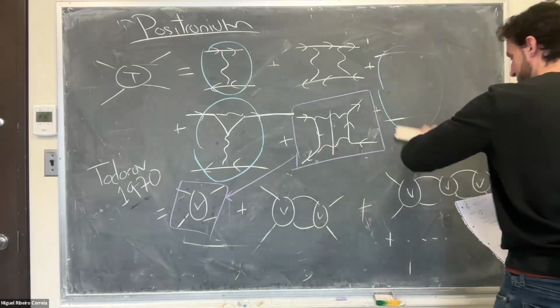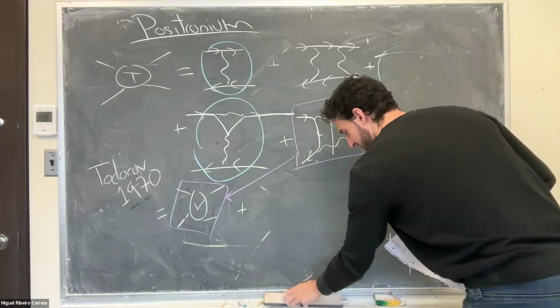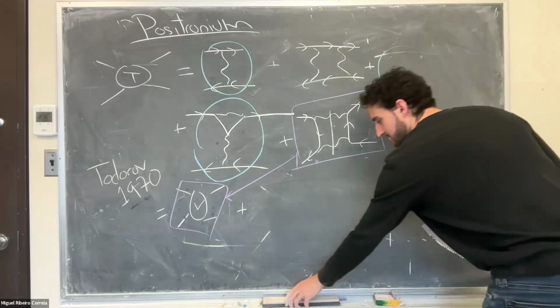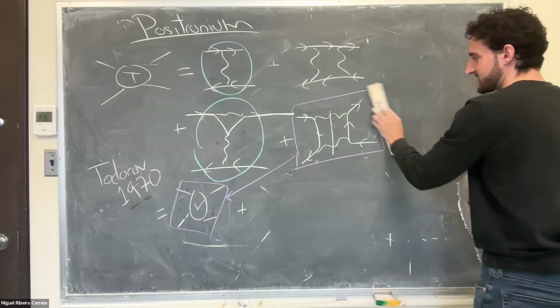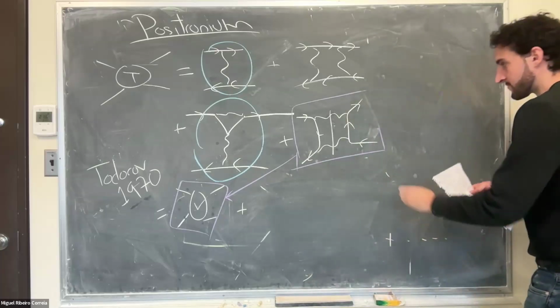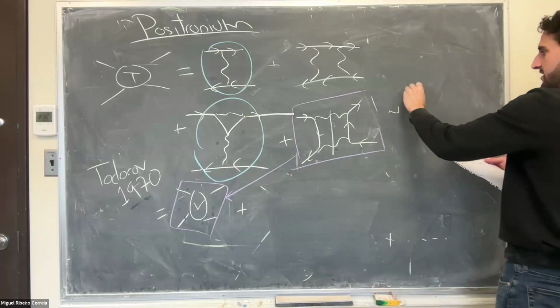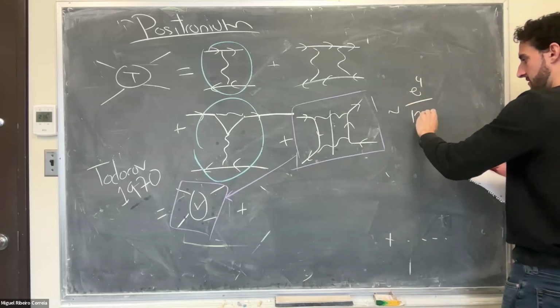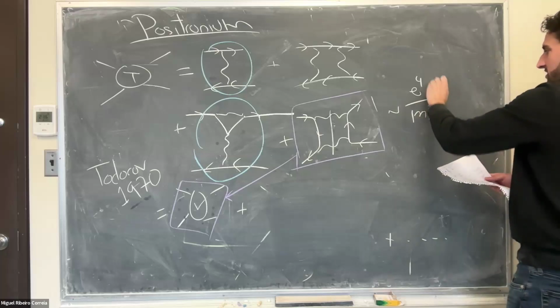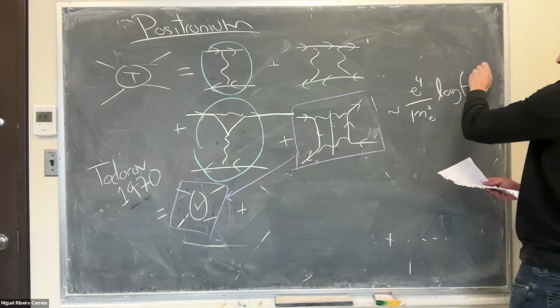And the formula for this diagram, in this non-relativistic regime that we're talking about, effectively is given by e to the 4, the mass, and then the logarithm of minus the energy.